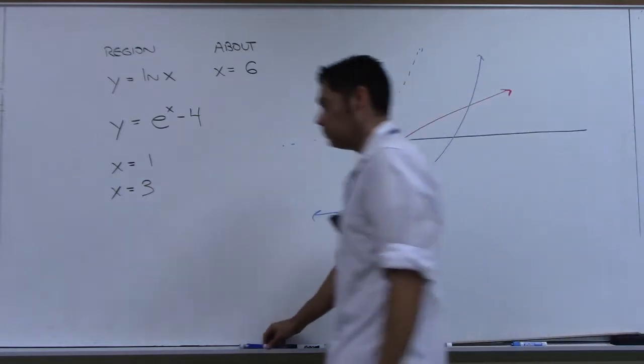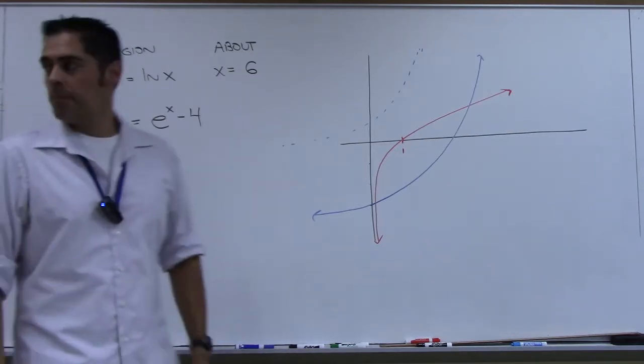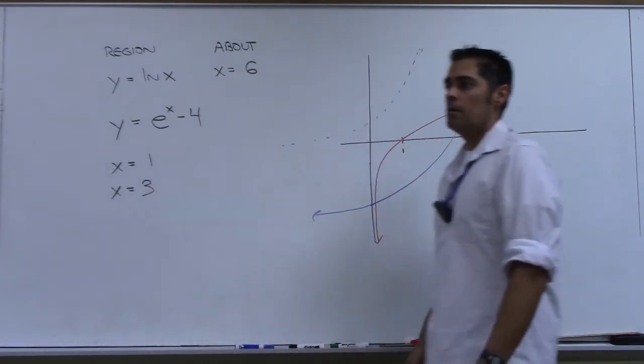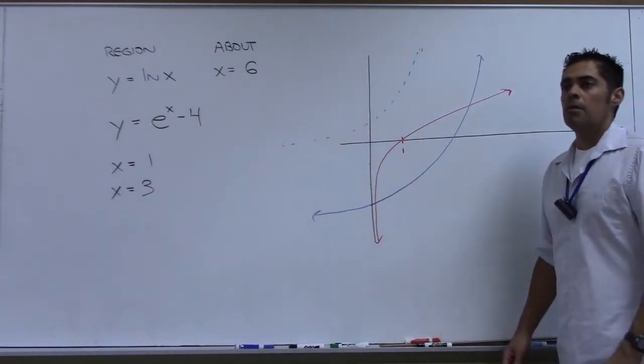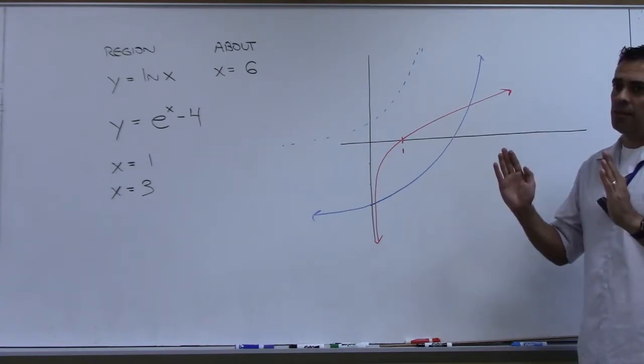So would there even be a problem if the graphs weren't touching each other? No, that wouldn't be, because I gave you these. So we would have started at 1 and ended at 3. They don't have to intersect in order to find the area between them, as long as someone gives you bounds on the x's.